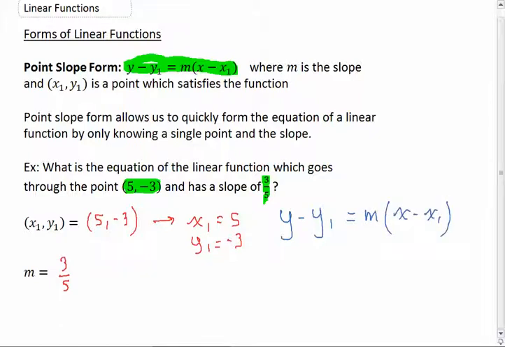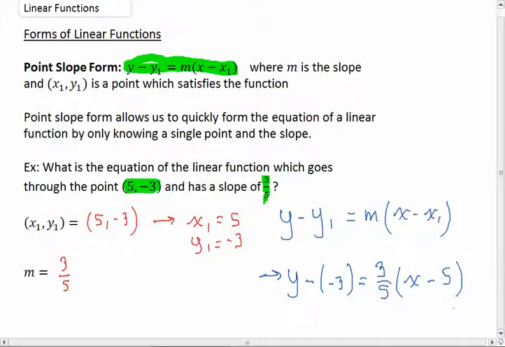And we're just going to substitute in. So this is going to become y minus, and what's the value of my y1? -3 is equal to slope m, which is 3 over 5, times x minus the value of x1, which is 5. There you go.